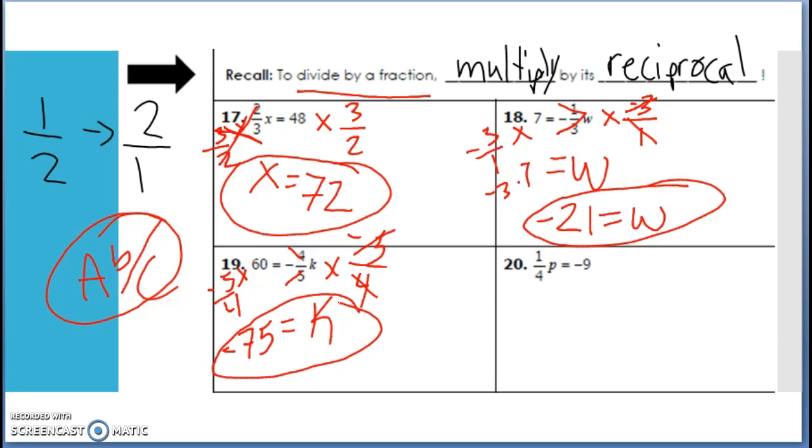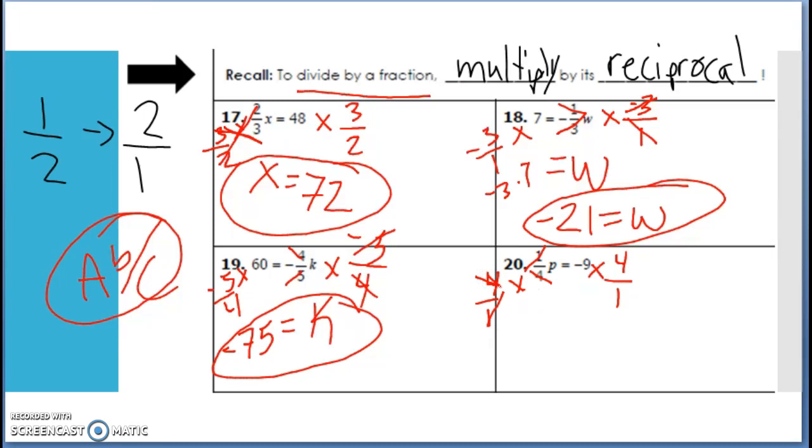Number 20. 1/4 times p equals negative 9. So we must multiply by the flip. 1/4 becomes 4 over 1. That is our reciprocal. So the 4's cancel and the 1's cancel.